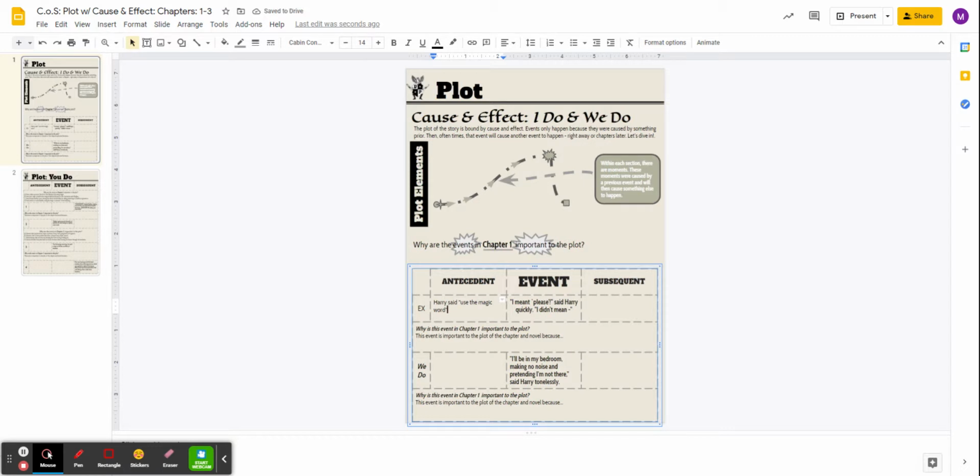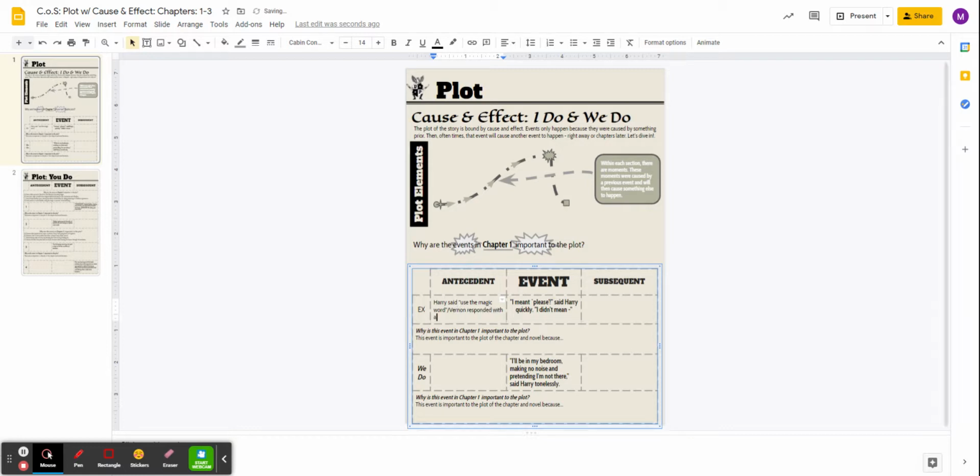Here, we also have that Vernon responded with anger, which made Harry say this. The subsequent event was that Harry was under close scrutiny and almost got in trouble because of this.